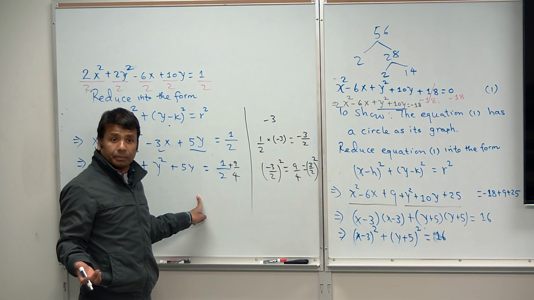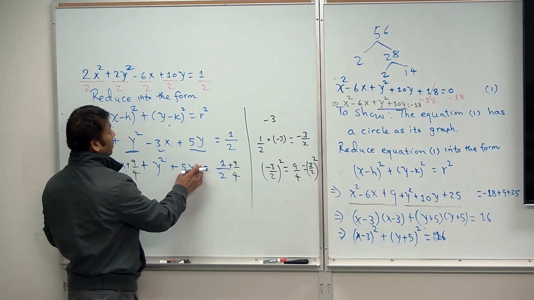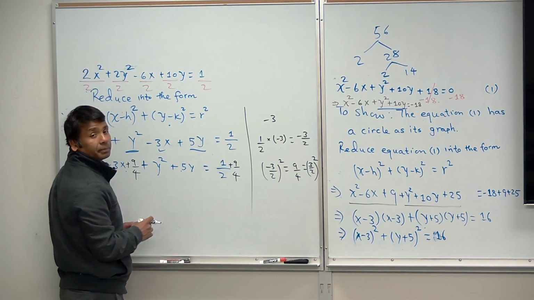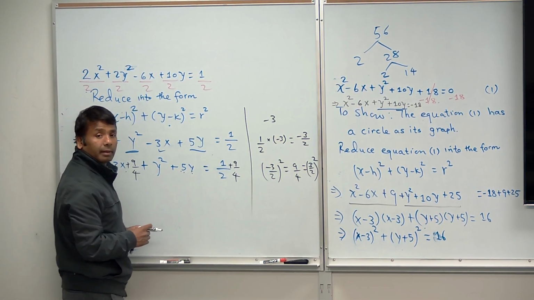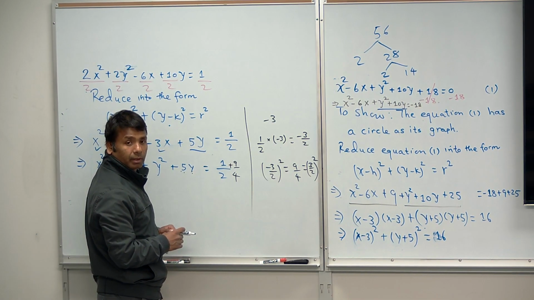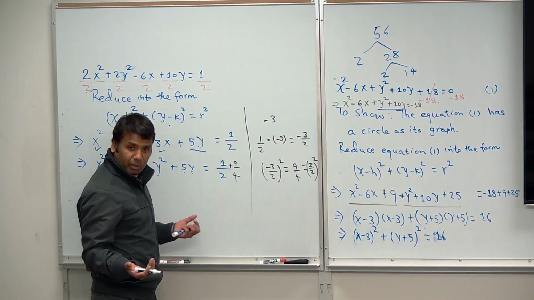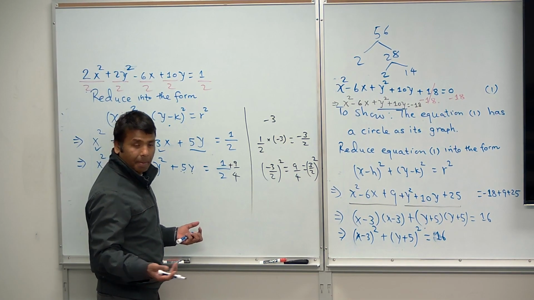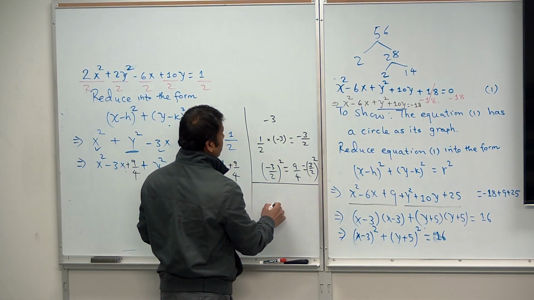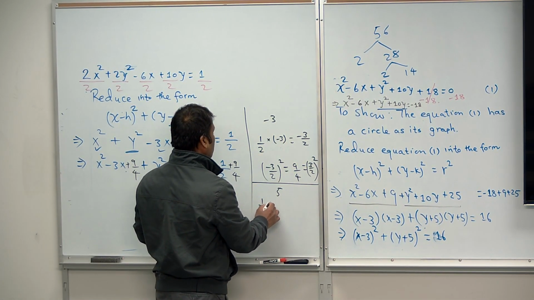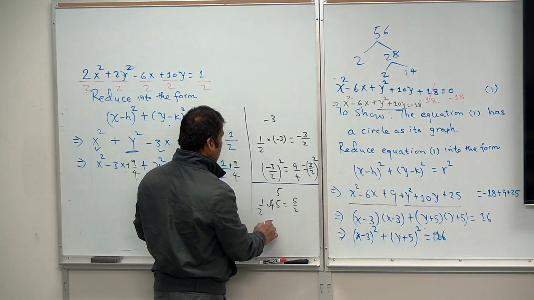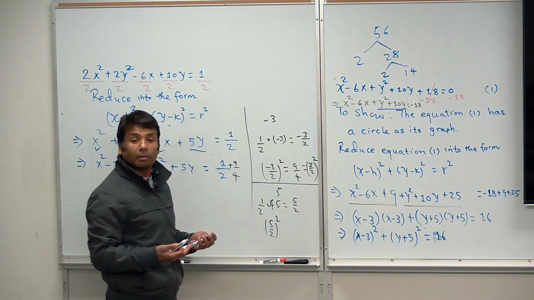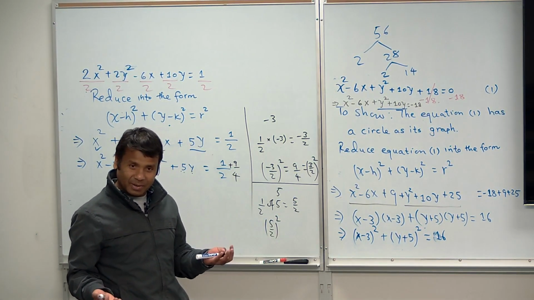Make sense? So now here, what is the coefficient of y? 5. What is half of 5? 2.5, which is 5 over 2, right? You have a coefficient of y of 5, half of 5 is 5 over 2. Square that, 5 over 2 squared, right?